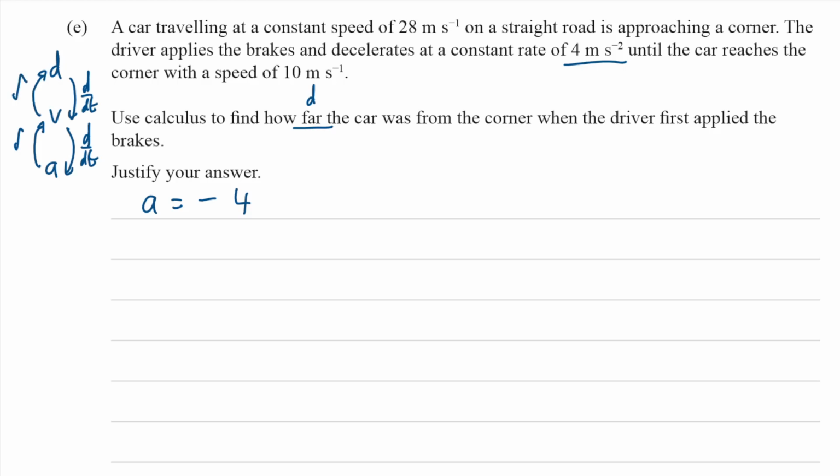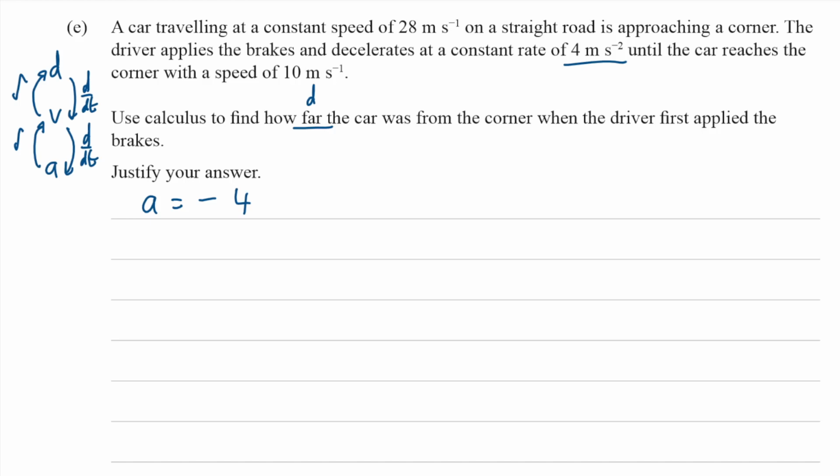And I use the word speed and velocity, or distance and displacement, interchangeably here because they're traveling on a straight road, which is in one direction. So we don't need to be too concerned about the vectors, other than the fact that we have a negative acceleration.